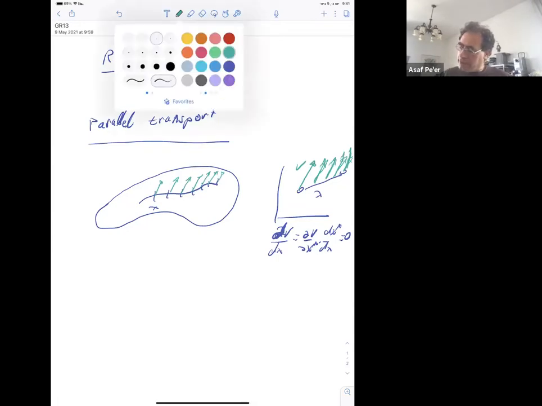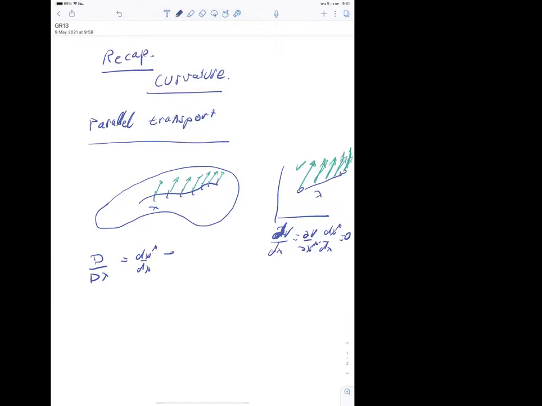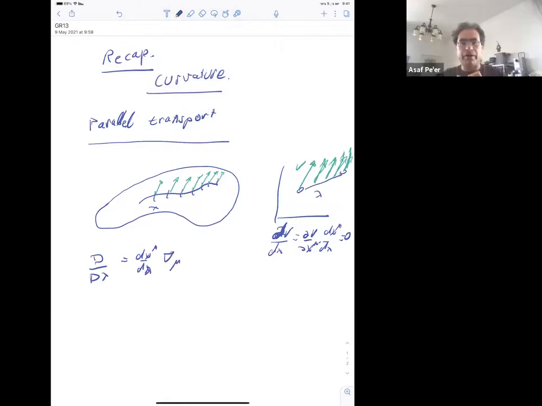So that gives us d over d lambda, which is just dx mu over d lambda times the covariant derivative. This is the concept of a parallel transport. And the advantage, of course, is that we can generalize that immediately to any tensor of any kind, any rank. It doesn't have to be a vector.